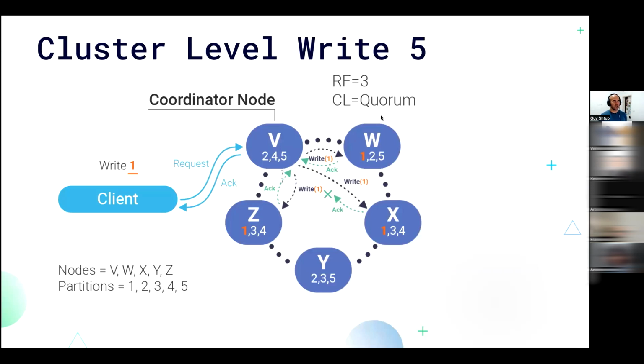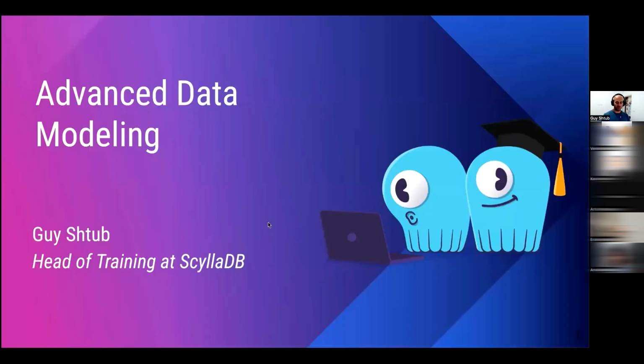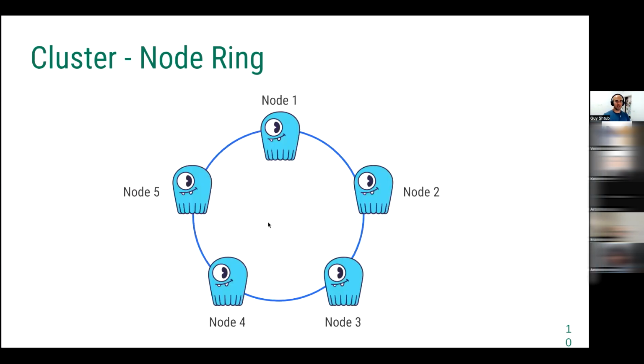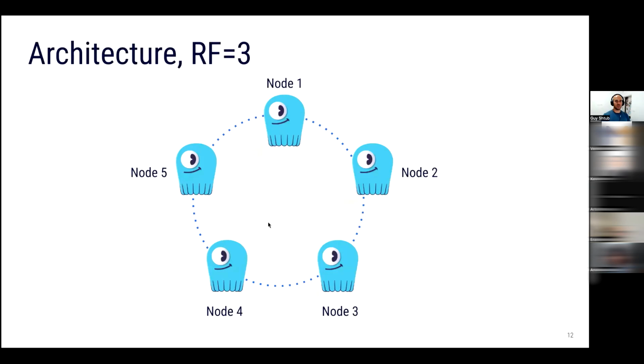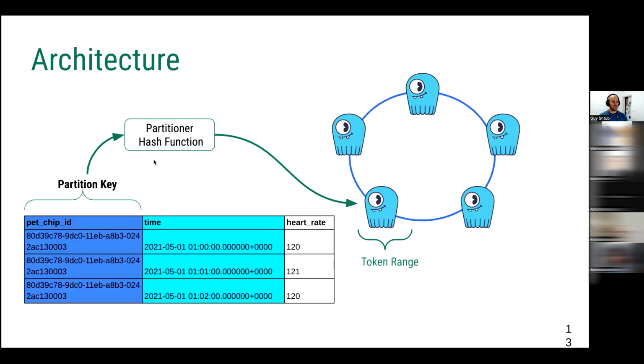So the question from before was about the replica nodes. So again, the way that the replica nodes are chosen is, if I go back to my previous slide, they're chosen by using the consistent hash function. Okay, so the database runs something called the partitioner, which is a hash function on this data that's written.